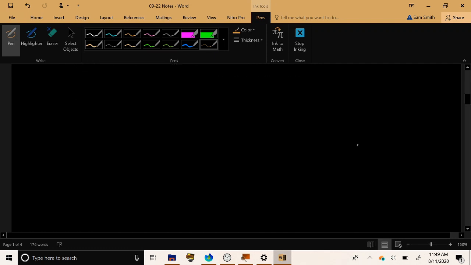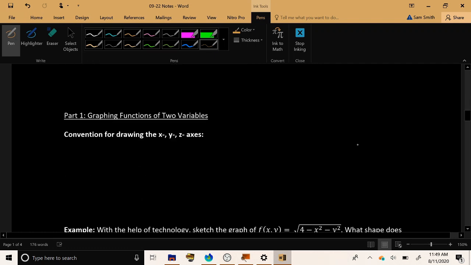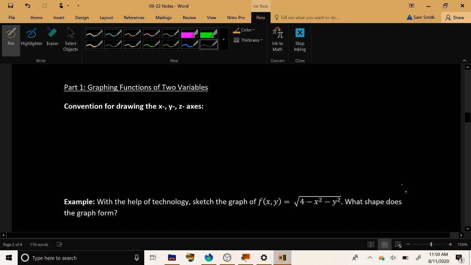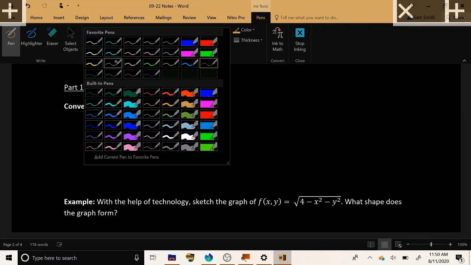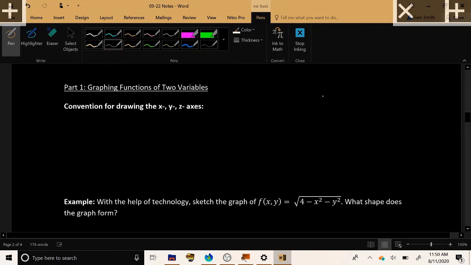Okay, now to set the stage here, I want to talk about how we traditionally draw the x, y, z axes. When we were in single variable land, y equals f of x, we had one axis for the input variable and one axis for the output variable.